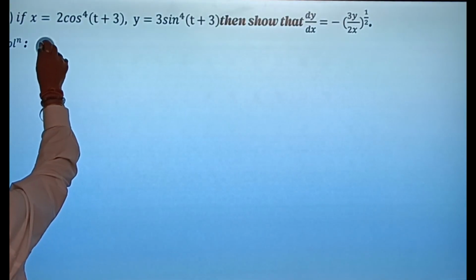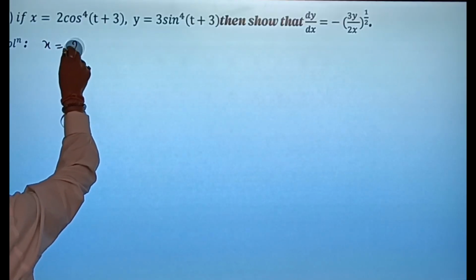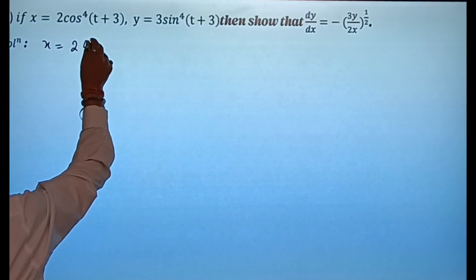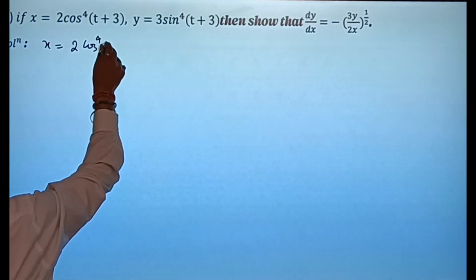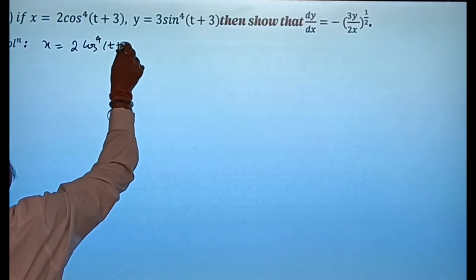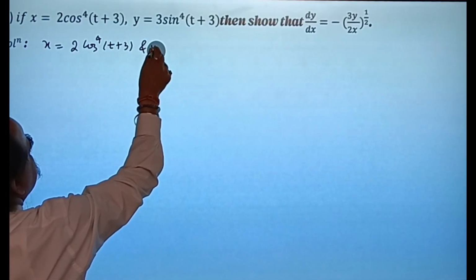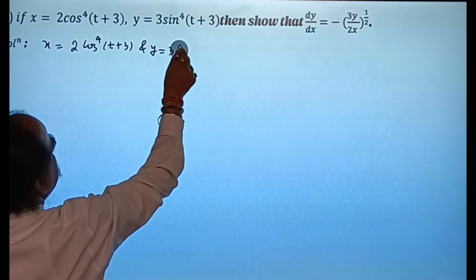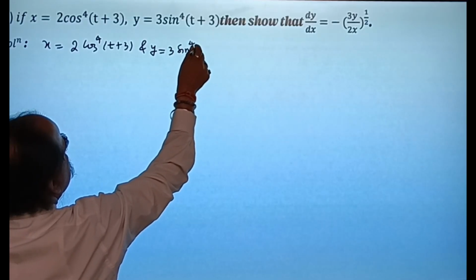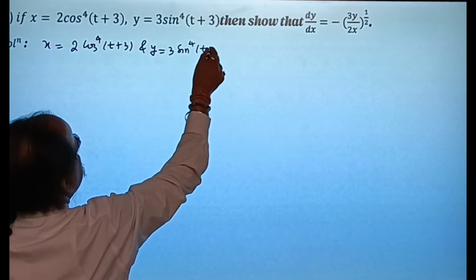X is 2 cos raised to 4t plus 3 and y is 3 sin raised to 4t plus 3.